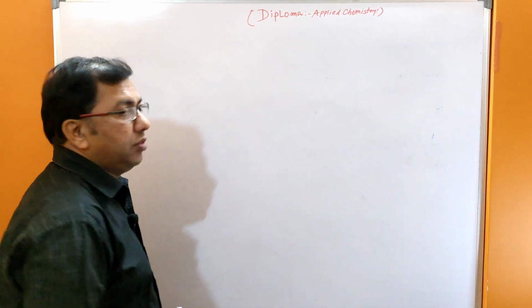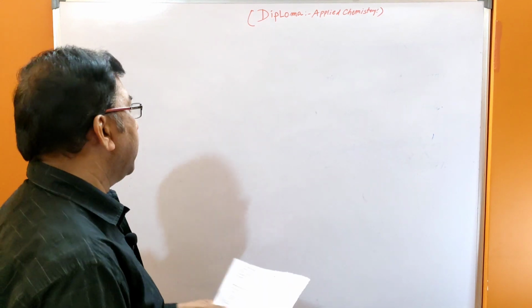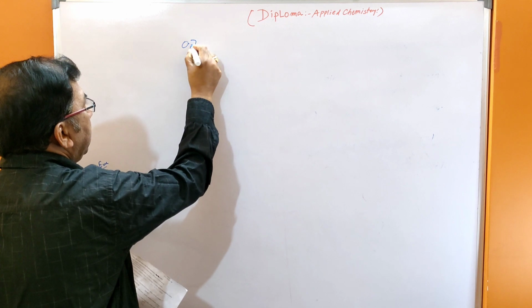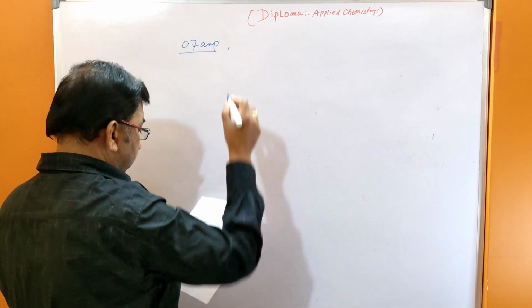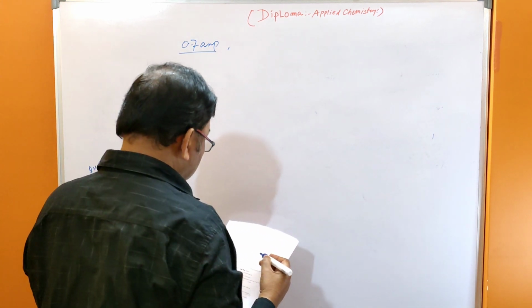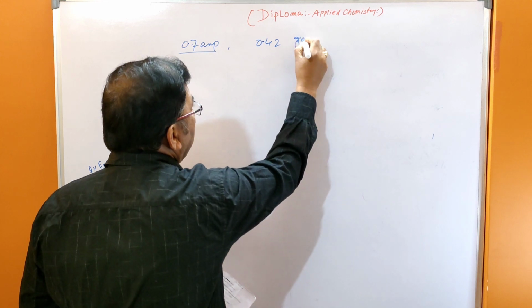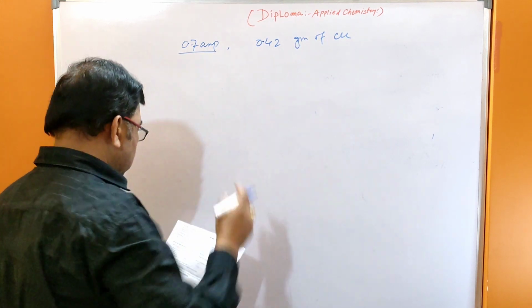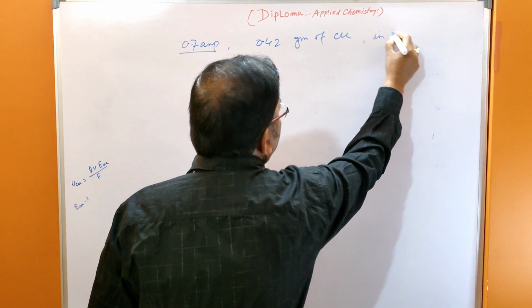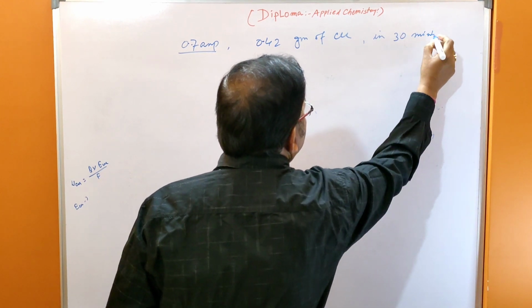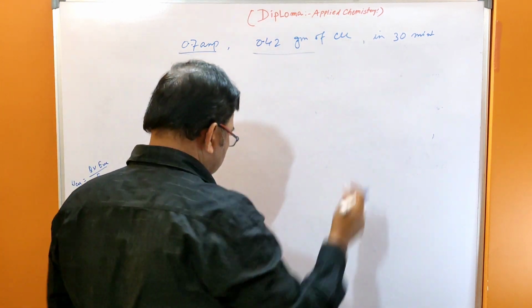From these two laws, numerical problems come. Suppose 0.7 ampere of electric current passed produces 0.42 gram of copper in 30 minutes. Clear?